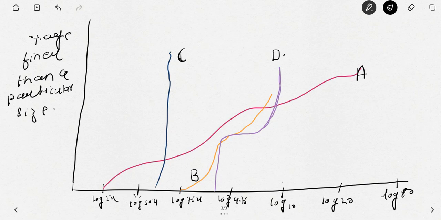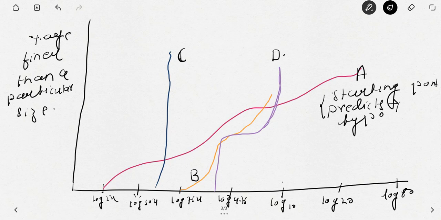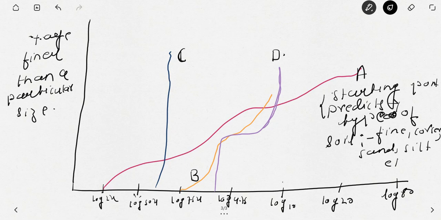So the starting point predicts the type of soil, that is fine grained or coarse grained, or sand, silt, clay, gravel, etc. So that is the starting location.